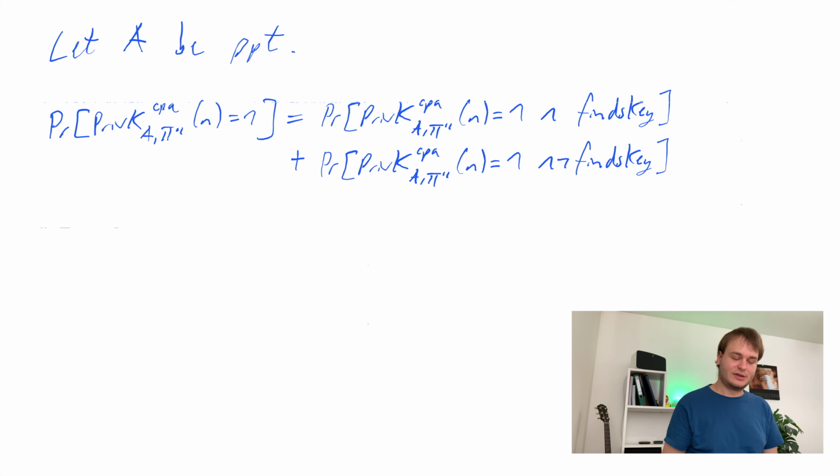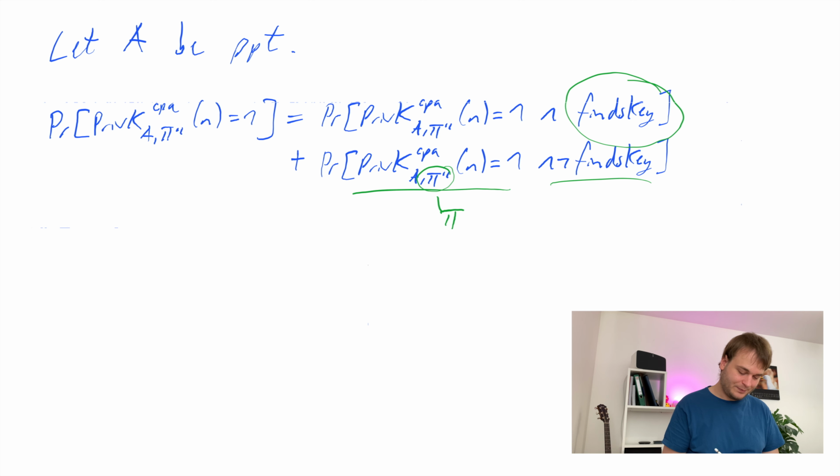And now we can notice two things. One is that the probability that he will ever find the key should essentially never happen, because it's a secure encryption scheme. So the probability of him ever finding the key should be negligible. The other thing we can see is that if the finds key event does not happen, then looking at this here, we can essentially replace pi prime prime with just pi.